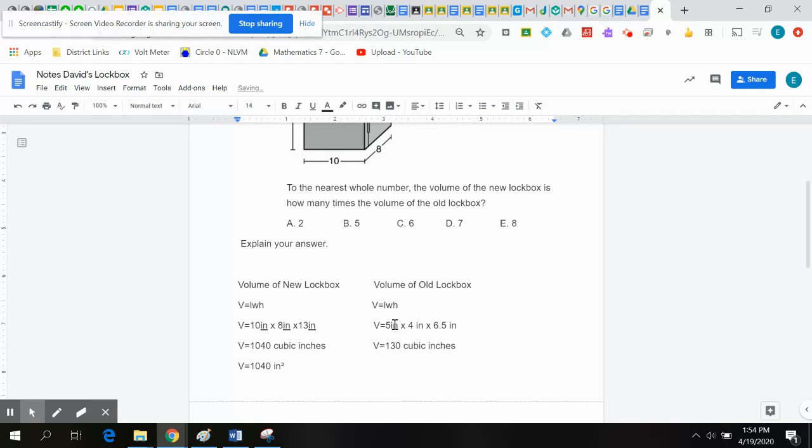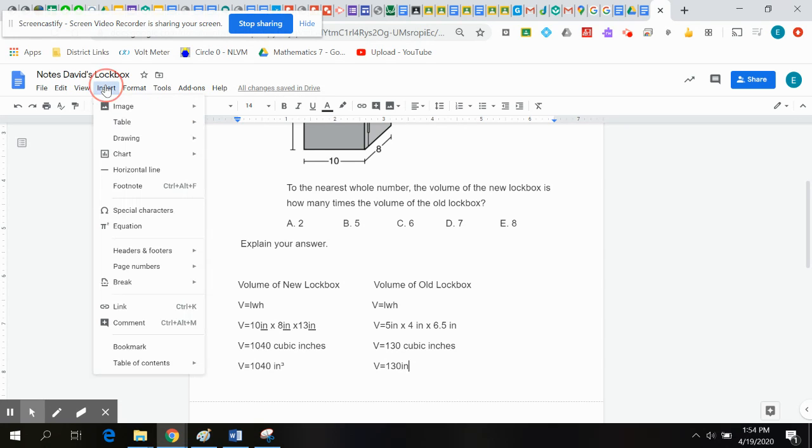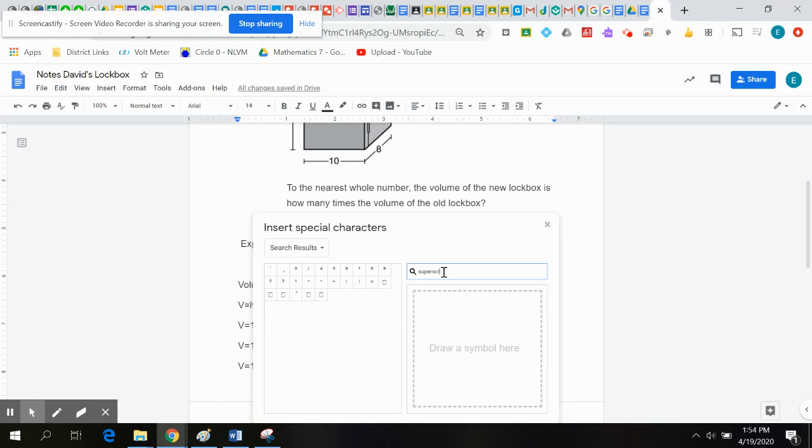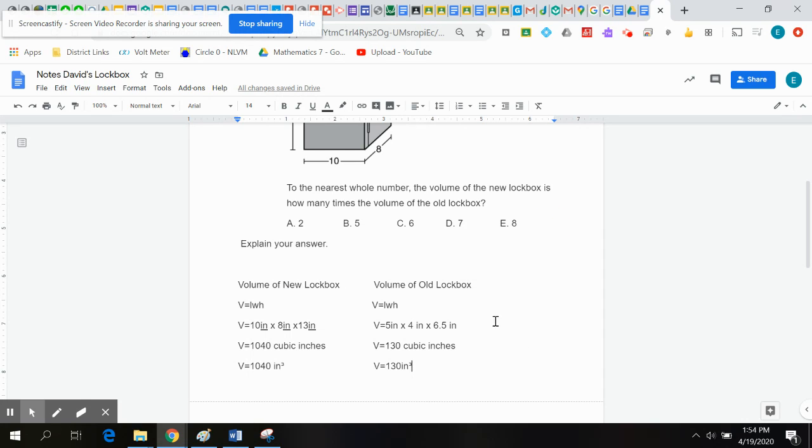You want to write it inches to the third power? Let's do that as well. Okay, come up here, insert, special characters, type it in superscript. To third power. Okay, there we go. I just want to show you one other thing. Actually, before I do that, so now how many times bigger? It just asks for how many times bigger.